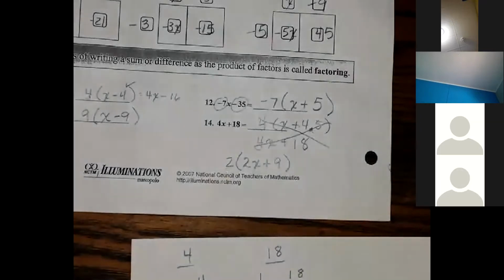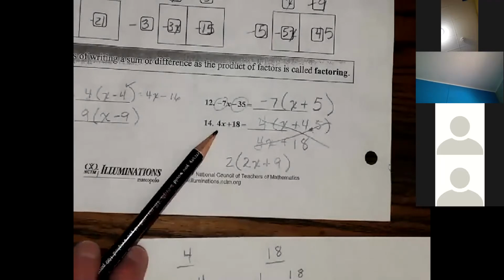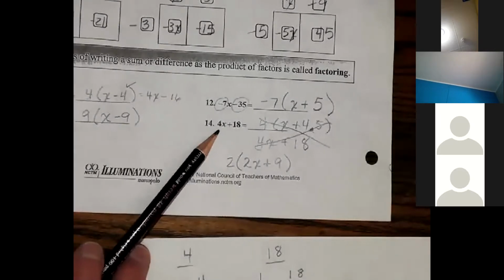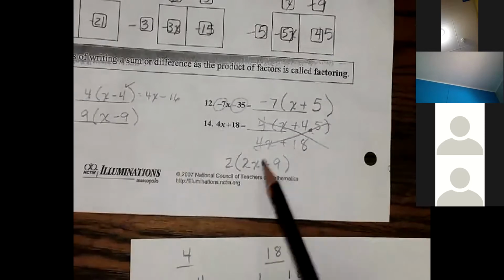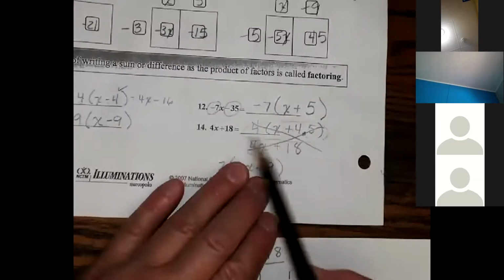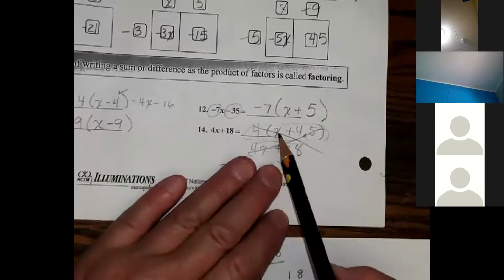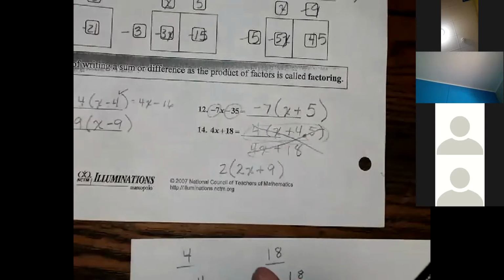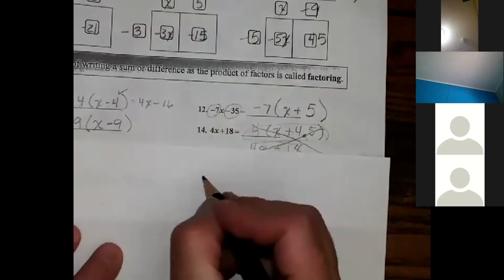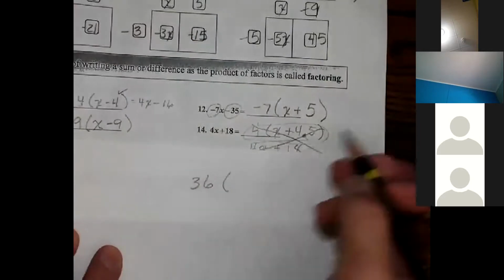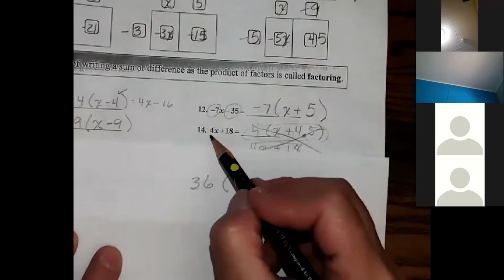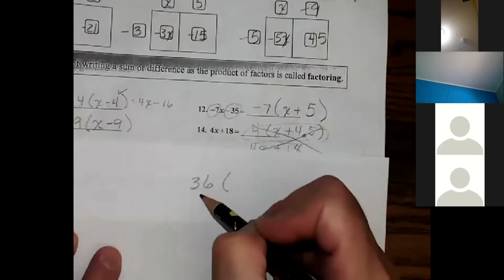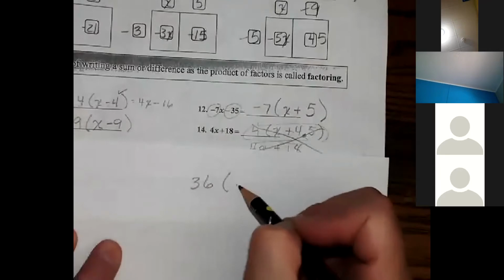If we didn't make you stick to whole numbers, there's an infinite number of correct answers to something like this. Because what you wrote down originally here is true, that these two things are equal. You could pick all kinds of things. You could pick 36 if you wanted to. But now we have to take 4 divided by 36 to figure out what that is.